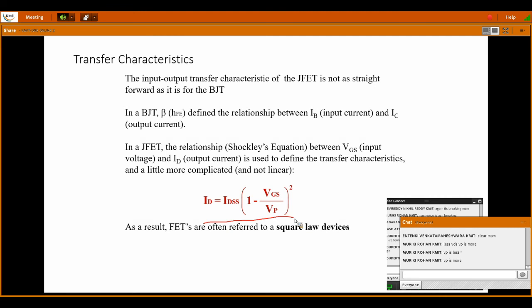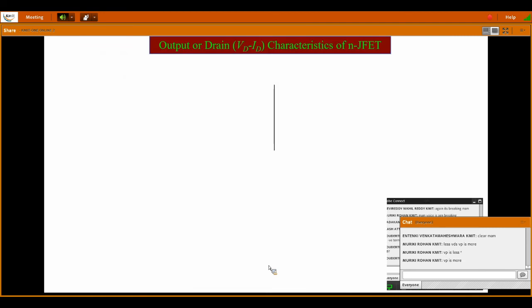So they are nonlinear devices, and because of this equation, they are considered square law devices. This equation is important for your exam: write the drain current equation of a JFET. So remember the equation.